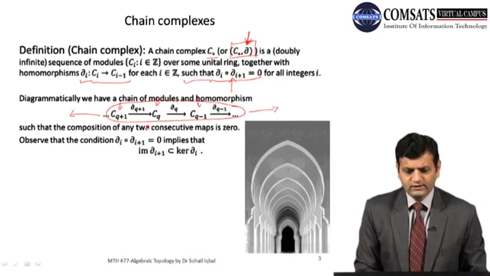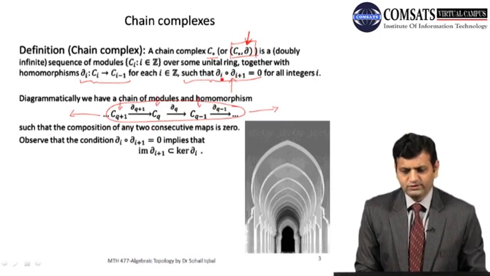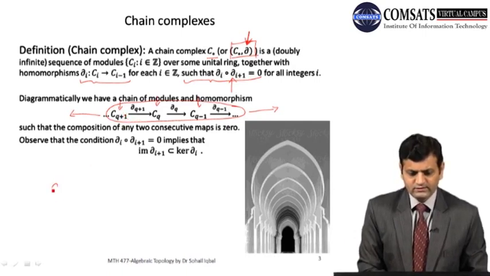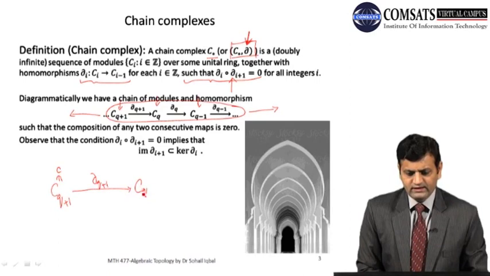Basically, we are saying that if I take the composition of any two consecutive maps, then it is 0. In other words, take an element of C_{q+1}, let's call it c, and apply partial q plus 1 on it, and I get an element of C_q.